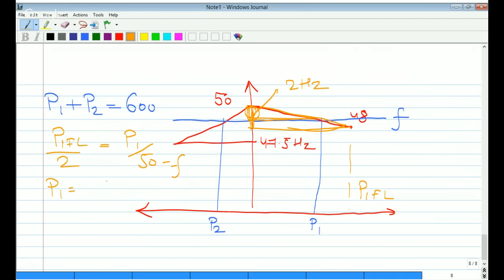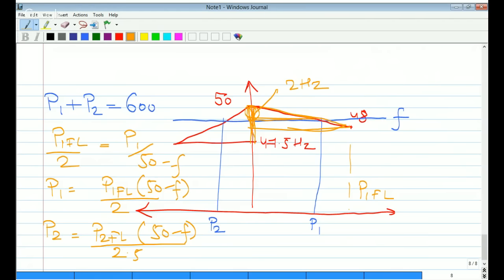So P1 will be P1 FL times (50 minus f) by 2. Similarly, P2 will be by the same concept P2 FL times (50 minus f), but now here it will be 2.5, because from no load to full load the difference is 2.5. So that way we have three equations and three variables, that is P1, P2 and f. All three can be calculated.